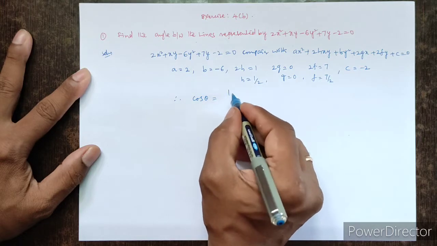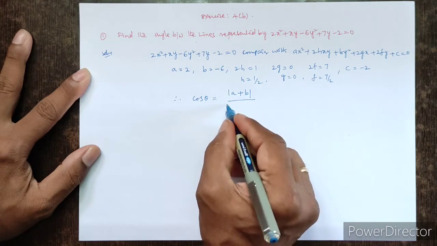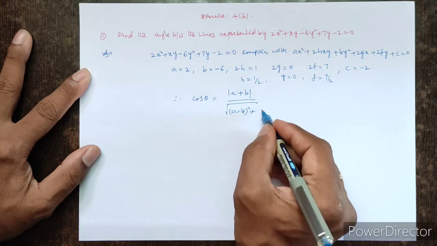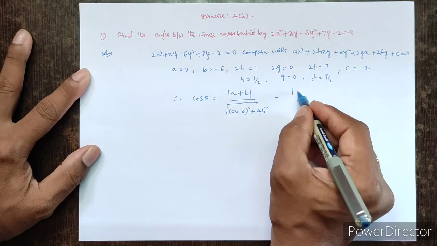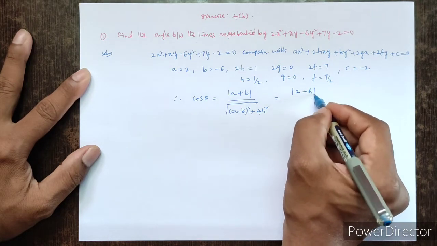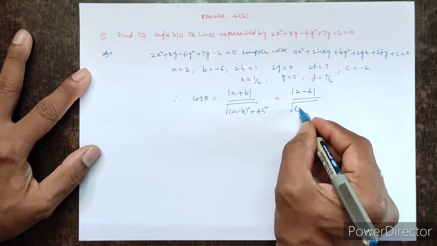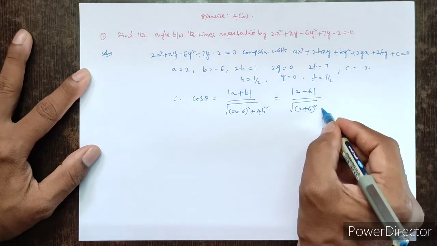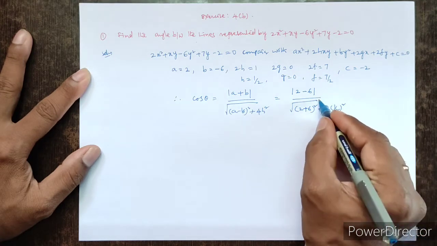is modulus of a plus b by under root of a minus b whole square plus 4h square. That equals modulus of a is 2, b is minus 6, by under root of a minus b, 2 minus of minus 6 is plus 6 whole square, plus 4h square, 4 into 1 by 2 whole square.